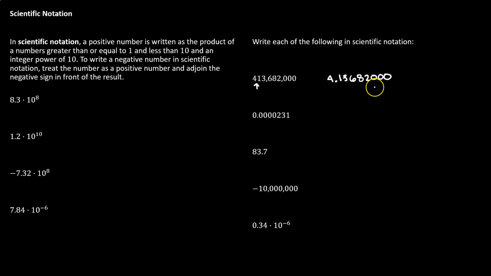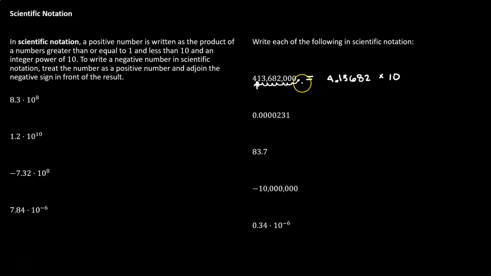They're not changing the value of our number, so I'm going to drop them. Then I need to multiply by a power of 10 that makes these two numbers equal. Now, the digits look similar, but notice that the decimal used to be all the way to the right, and I just moved it to be between the 4 and the 1, which means I moved the decimal 1, 2, 3, 4, 5, 6, 7, 8 times.